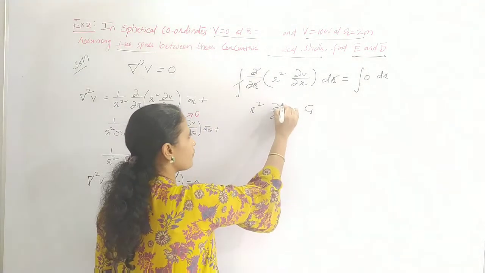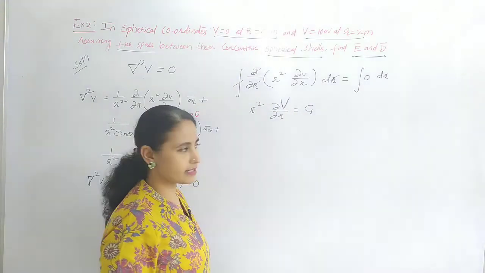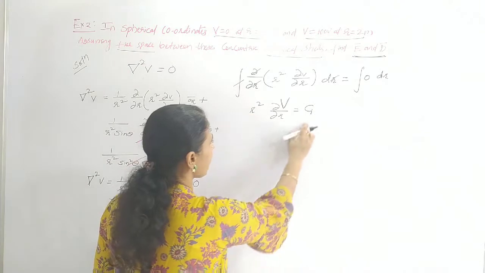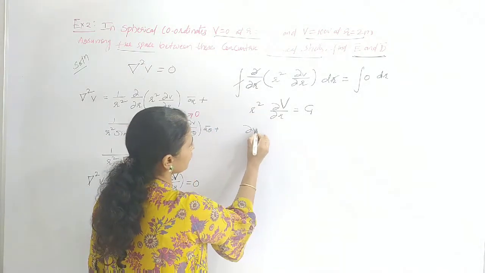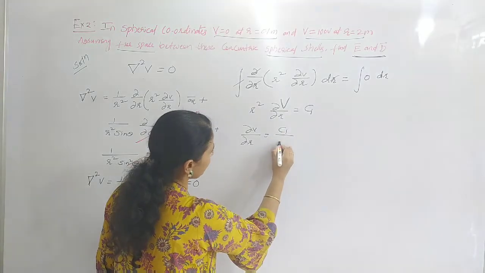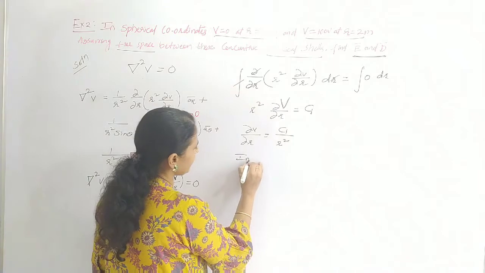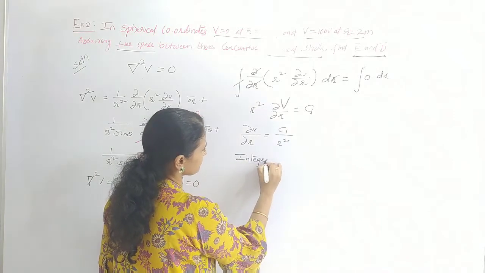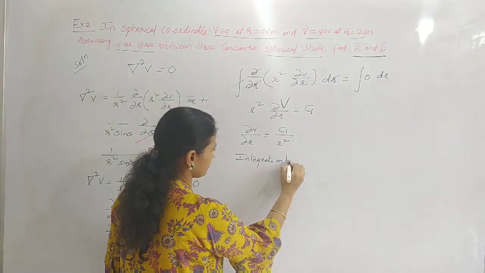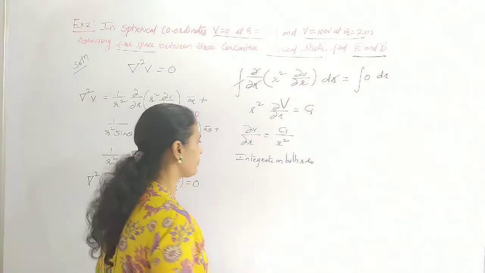Now we have to get the value of V, so let us integrate once again. Before that I will take the r square term to this side. Dou V by dou r is given by c1 by r square. Now again integrate on both sides.